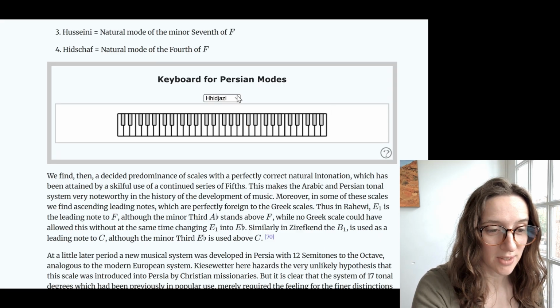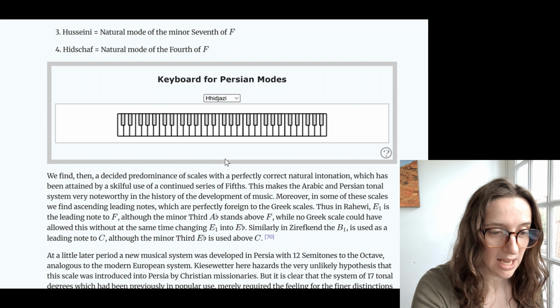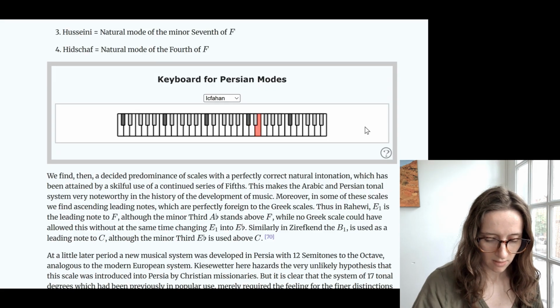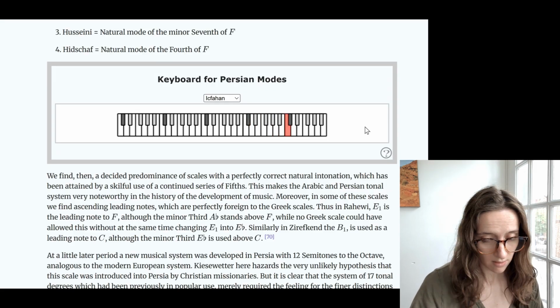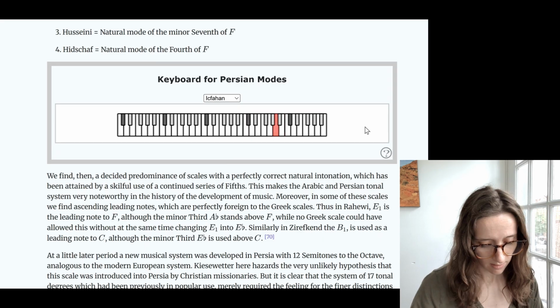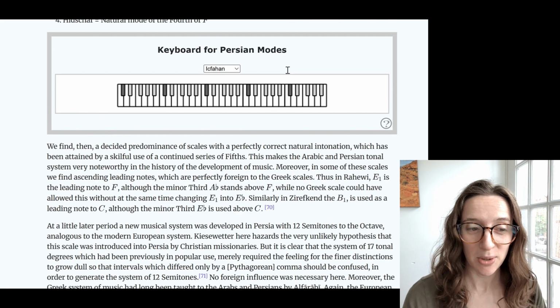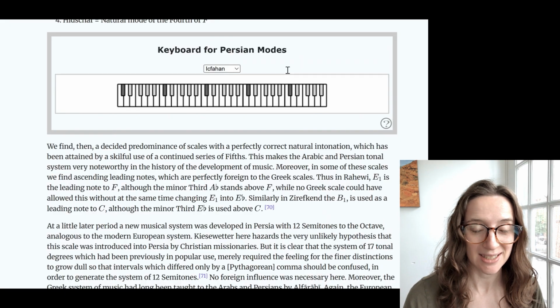And then, of course, our modes with 8 notes. We also have, especially if you have a MIDI keyboard that you can plug in, that is a very fun app to play with.